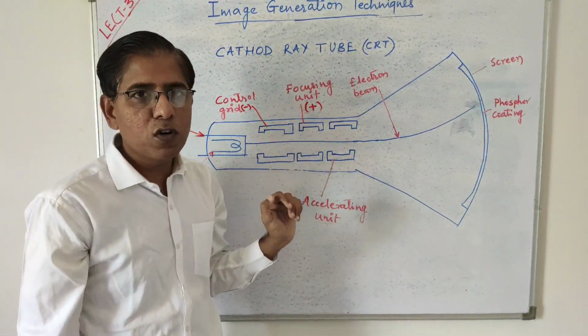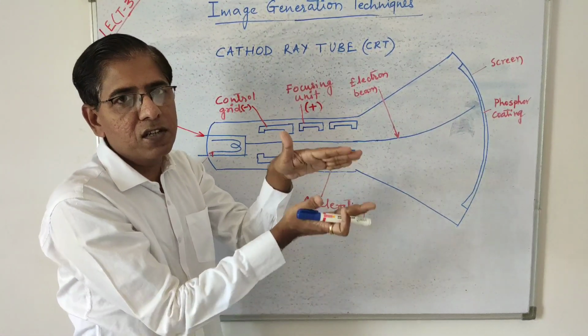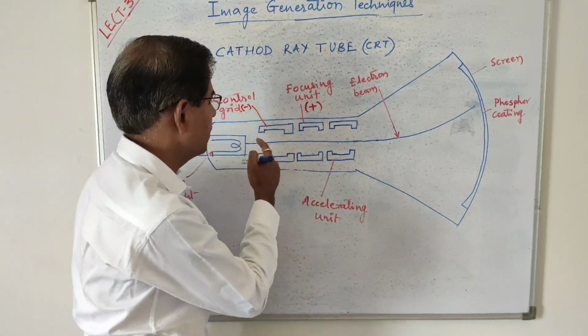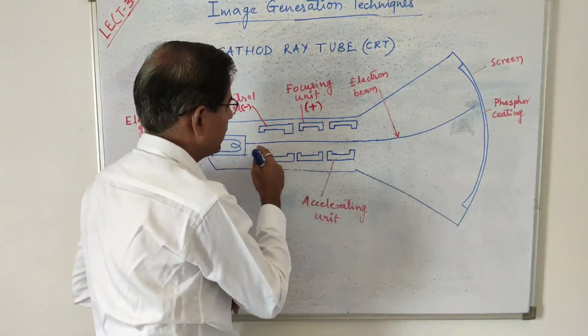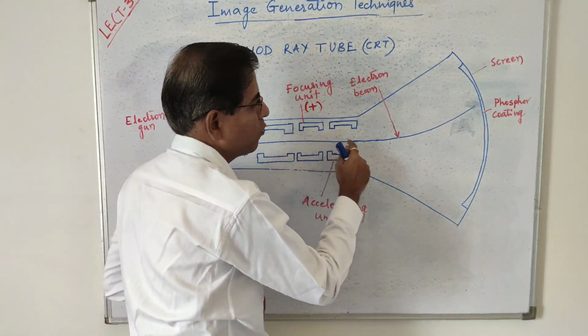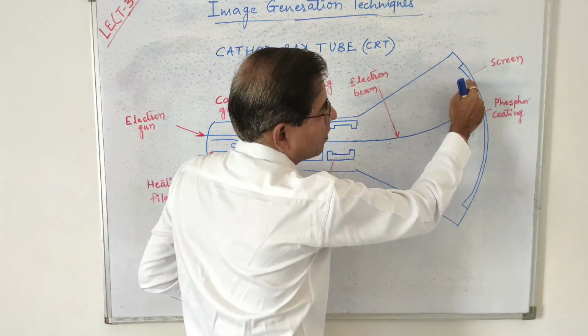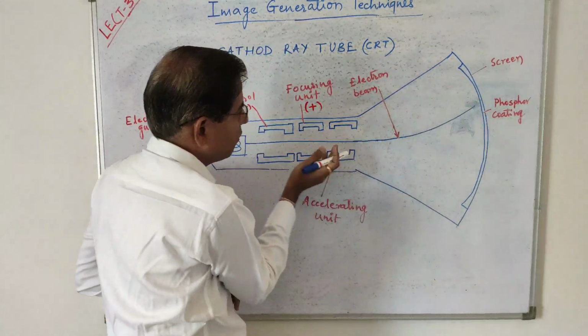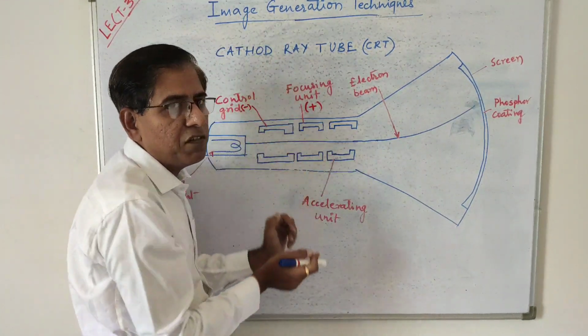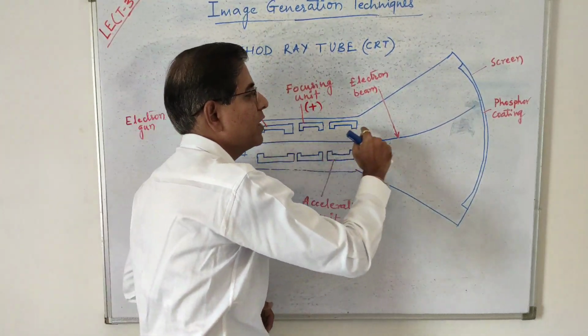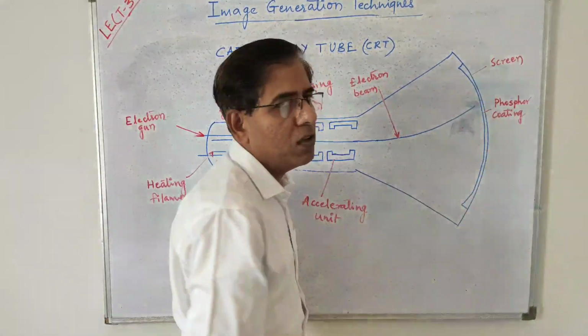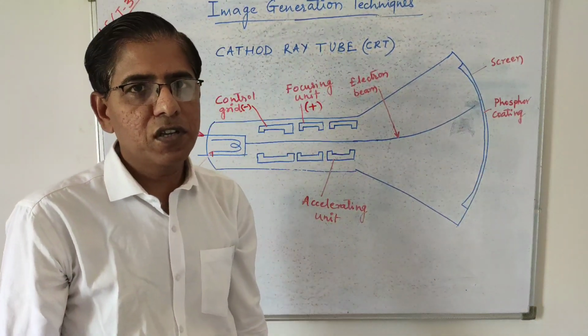For example, if you want this electron beam to strike the screen at this point, the focusing unit will shift the line of this electron beam so that it will strike the upper portion of the screen.